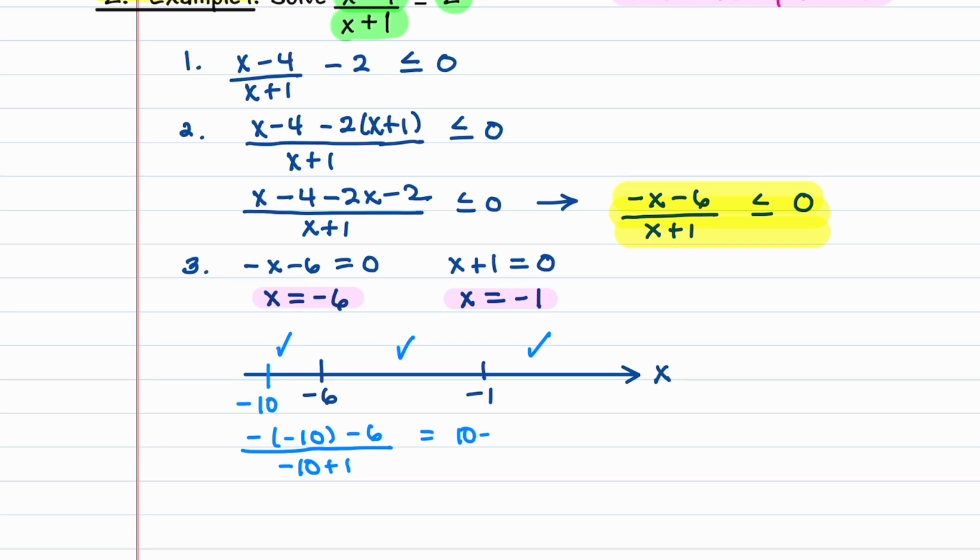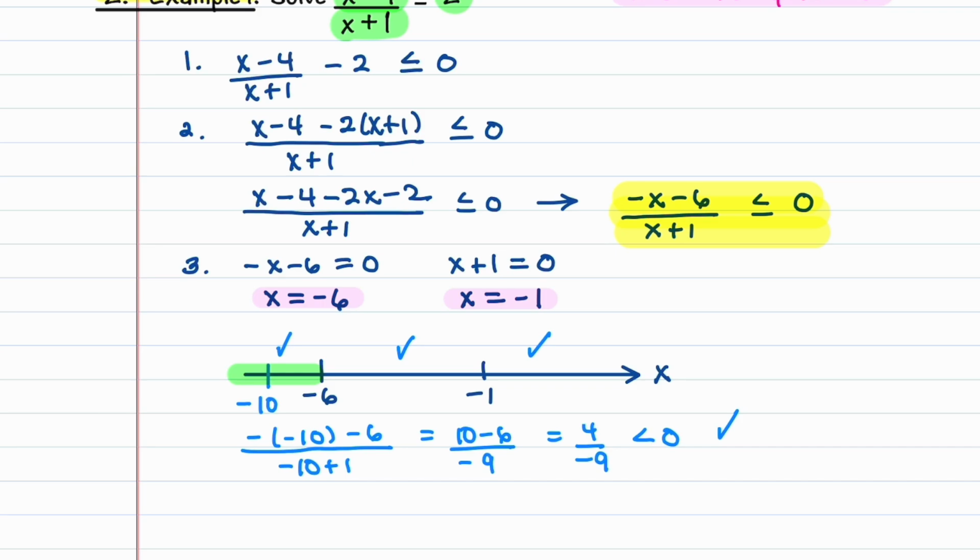This is 10 - 6 all over -9, which is 4 over -9, and that is less than 0, so that's good. We can include that region. The numbers in that region make our inequality true. So I'm going to highlight that this region is okay.